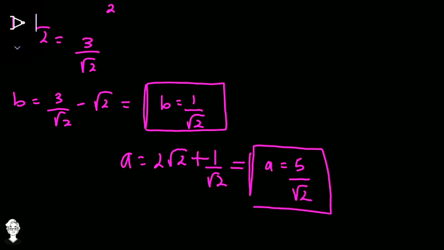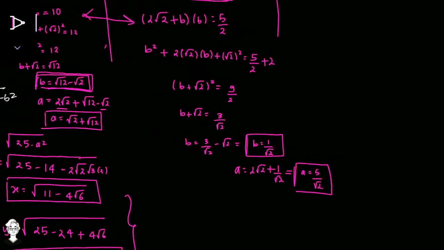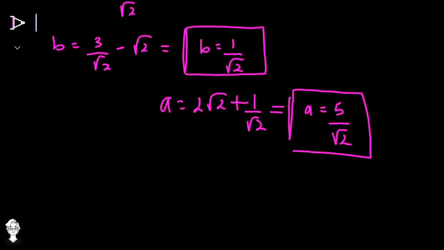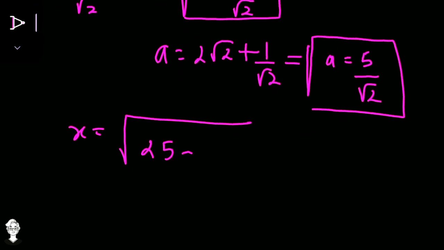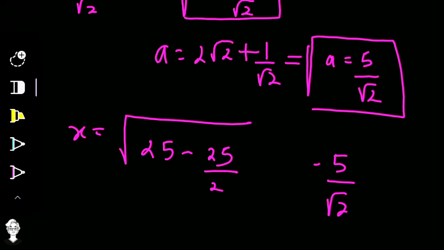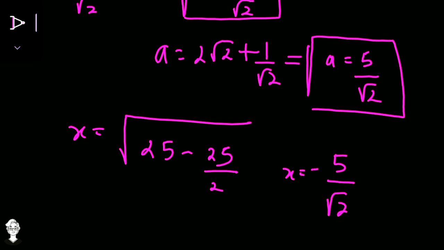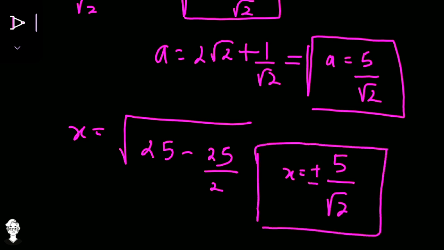So now let us put that in the original equation, to get the value of X and Y. Value of X is equal to square root of 25 minus A square. A square is 25 upon 2. So we get that value of X is 5 upon under root 2, and it can be plus and minus because we are just breaking the square root, so it can be plus and minus under root 5 by 2.